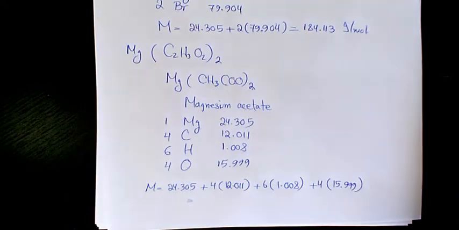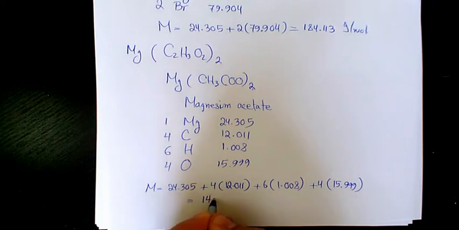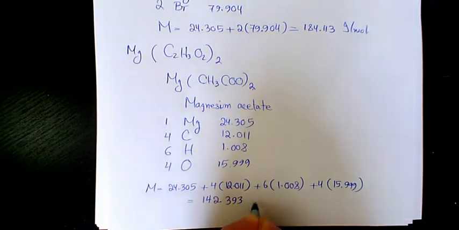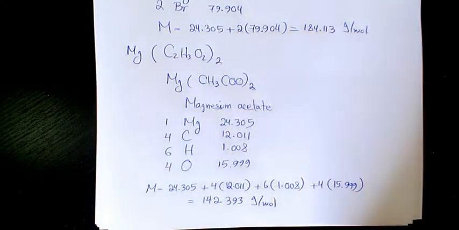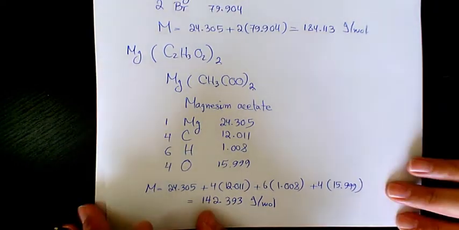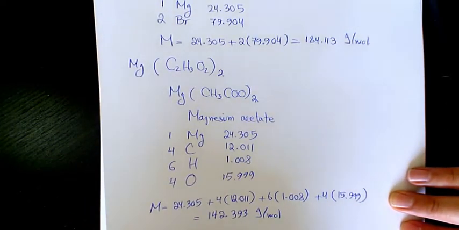So that's going to be 142.393 grams per mole. So 1 mole of magnesium acetate is equivalent to 142.393 grams of magnesium acetate.